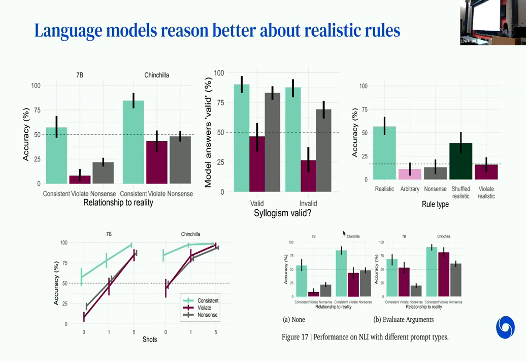For some simpler tasks like natural language inference, you can even just prepend something like "carefully evaluate this logical argument," and that improves performance on some of the tasks. So I'm not saying these models are terrible at these rules; there are ways you can make them better. Similarly, there's a lot of literature on how you can make humans more logical in experimental studies as well. There are interventions that work, but overall we see the same pattern of results.